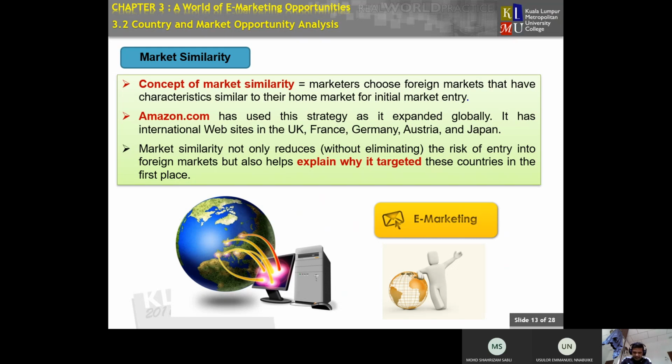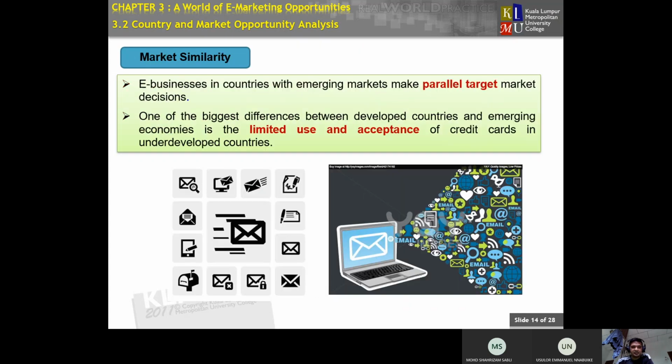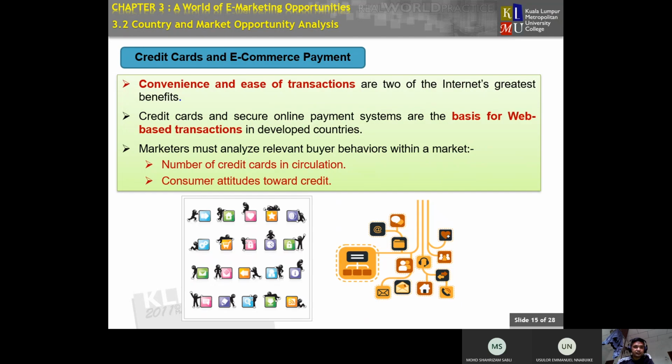Whereas with market difference, even though it's a slow start, you can get a fruitful profit, a big profit, because it's a unique selling point for other countries that don't have that product. That's why nowadays in online business, they tend to focus more on market differences. So this is the explanation of market similarities and so on.